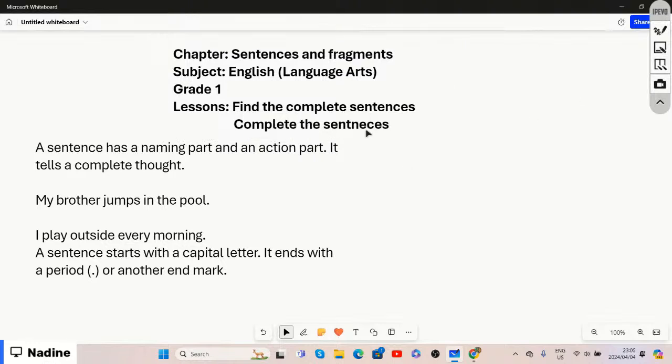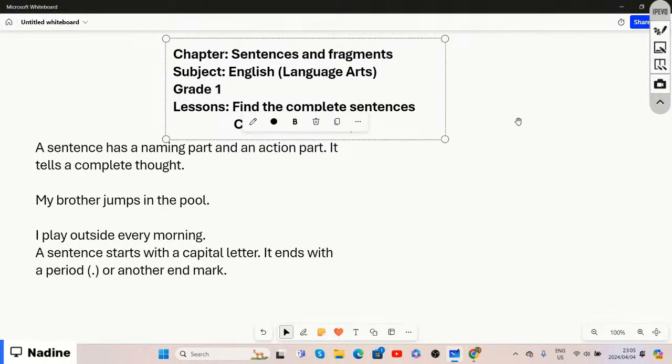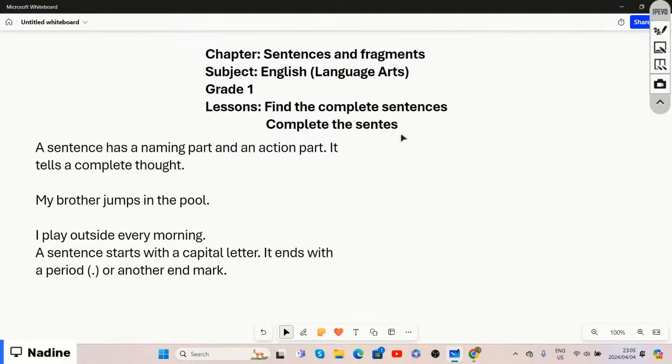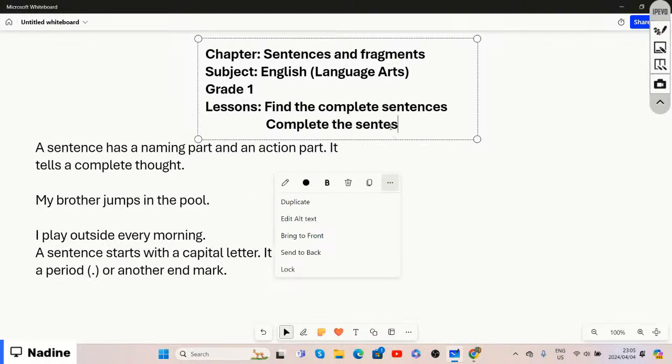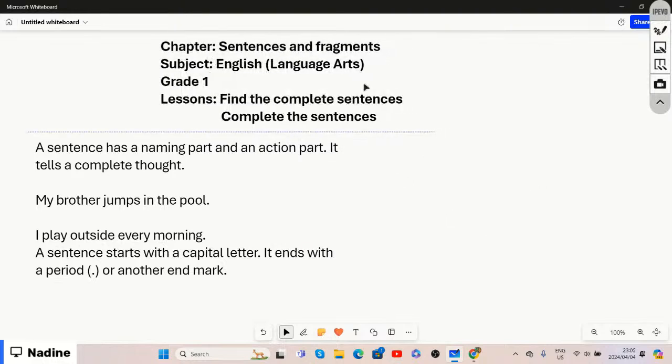All right. So our chapter is sentences and fragments. Our subject is English Language Arts, grade 1.